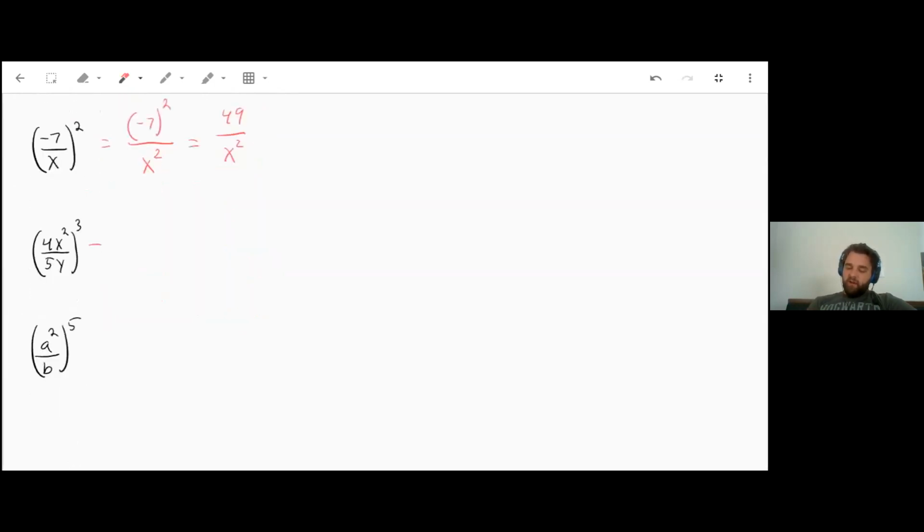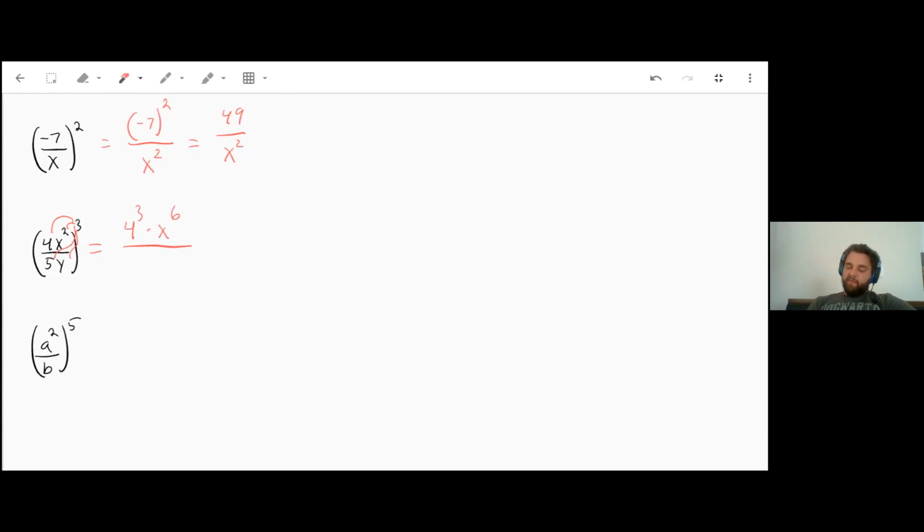For this next one, we will need to distribute that power of 3 into all of the parts. So 1, 2, 3, 4 times. So for a numerator, we will have a 4 to the 3rd times x squared to the third is then going to give us 2 times 3 is a 6. So x to the sixth.